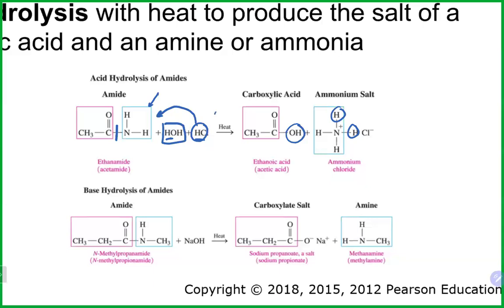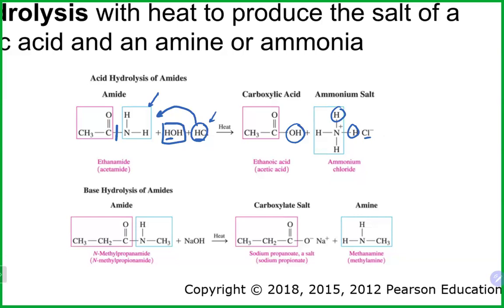And what's left is a chloride in this case. So we will get back the carboxylic acid if you do the acid hydrolysis, and you will not get back the amine, but you will get a salt back, basically an ammonium salt, formed in this acid hydrolysis.